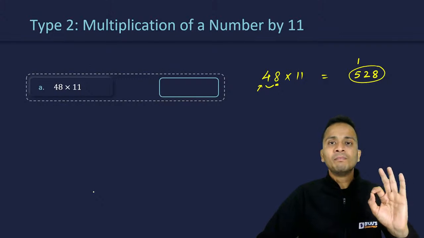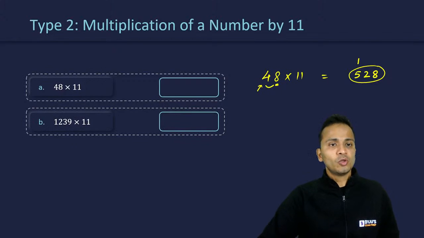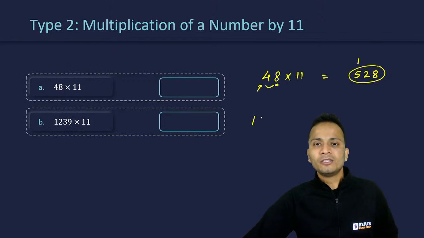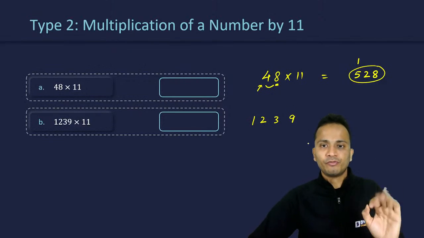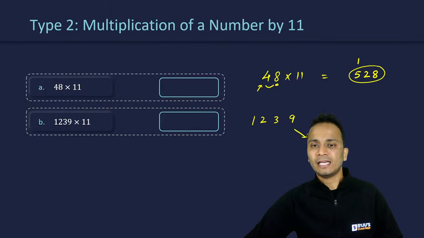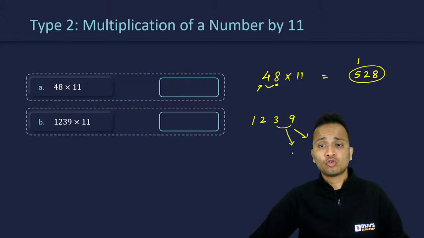Don't worry, I'll take some more examples, then you will be able to understand when we increase the number of digits. So let's say I have 1, 2, 3, 9 as the number. First step is, listen carefully all of you, write 9 as it is. Write the rightmost number as it is. Then add these two. So 9 and 3 is 12.